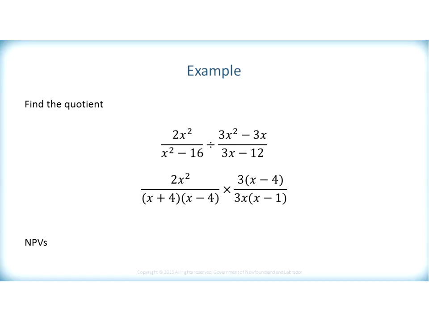Let's have a look at an example. We have 2x squared, and then we're going to factor x squared subtract 16, which is a difference of two perfect squares.